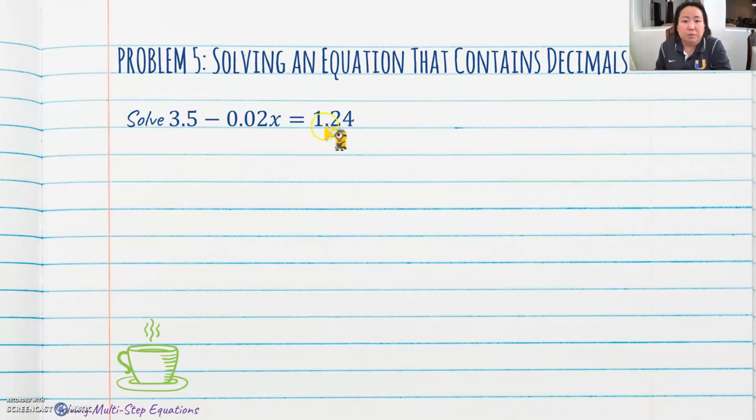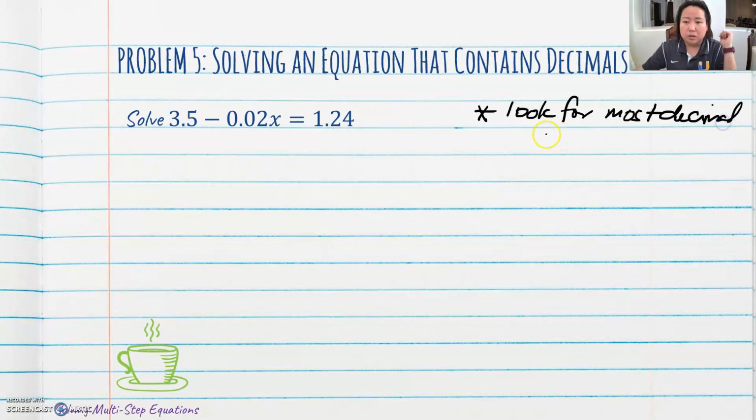Now, the nice thing about solving an equation with decimals is that the technique is going to be very simple. What you need to do is to make sure you look for the most number of decimal places. Okay?